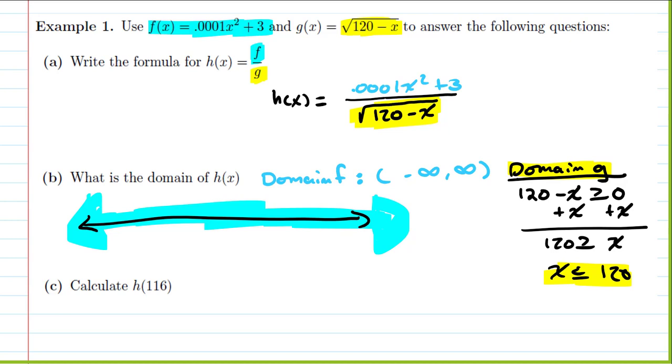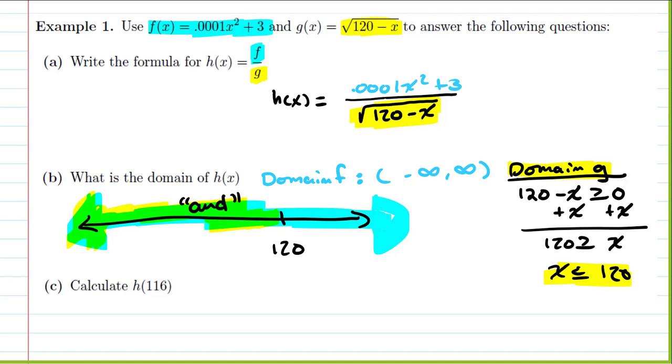For our domain of g, x has to be less than or equal to 120. So we would go to the number 120, and then it has to be less than, so we would shade everything to the left.